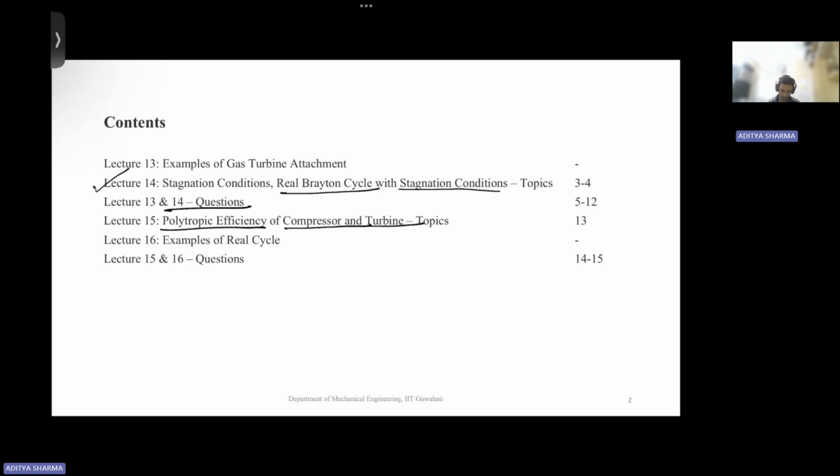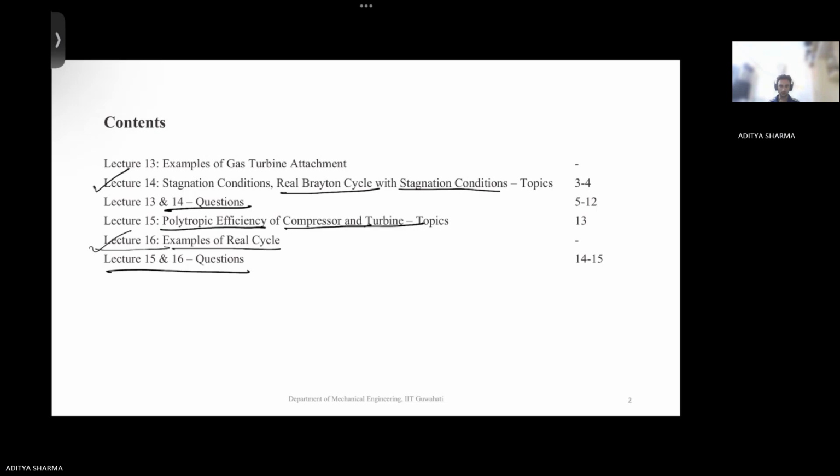And then is examples of real cycle. So this is basically numericals, lecture number 16, and then questions based on lecture number 15 and 16. Basically, the questions will be on lecture number 15 as per the assignment.